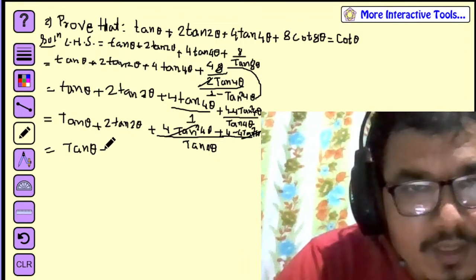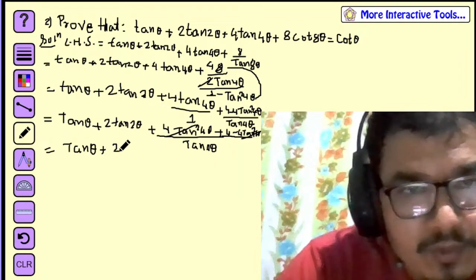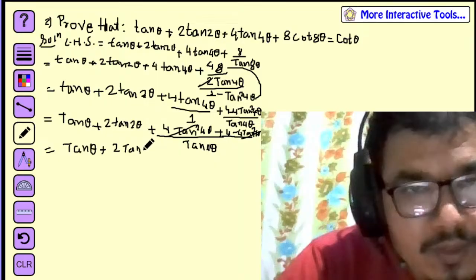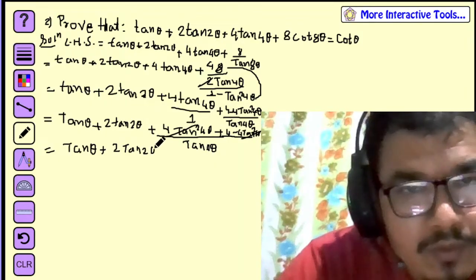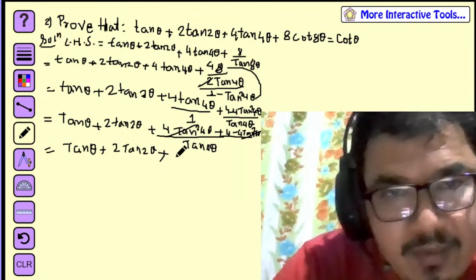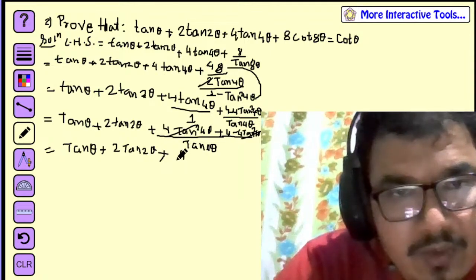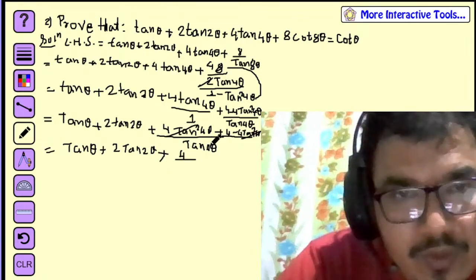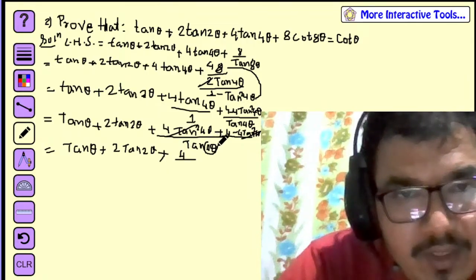And right here 2 tan 2 theta plus, and here only 4 remains. We can open the formula of tan 4 theta, making it 2 into 2.